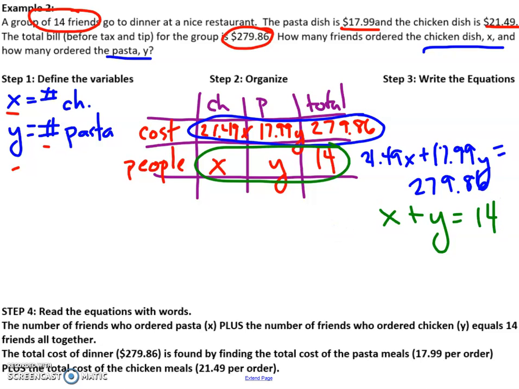All right, and then here I have the cost of the number of chicken dishes plus the cost of the pasta dishes came to a total of $279.86. Okay, so I think I'm pretty good to go with that. It seems like it matches all the story information up at the top, and that is how you create systems of equations to match stories. And just so that I don't drive myself crazy, that should be X and Y right there.